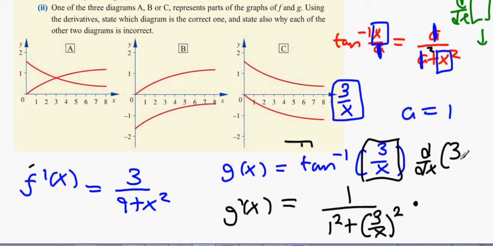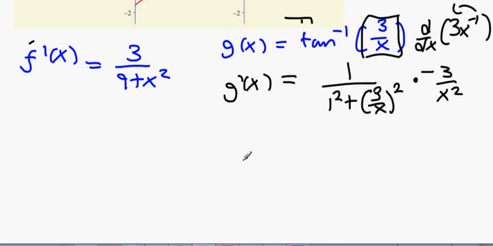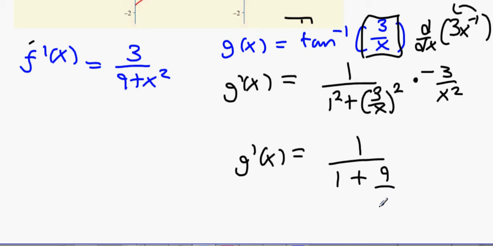So d dx of 3x to the minus 1: the minus goes to the front, and we get minus 3 x to the minus 2. And what we know about x to the minus 2 is it's 1 over x squared, which brings that down to the bottom. At this stage, g dash x ends up to be 1 over 1 plus 9 over x squared.